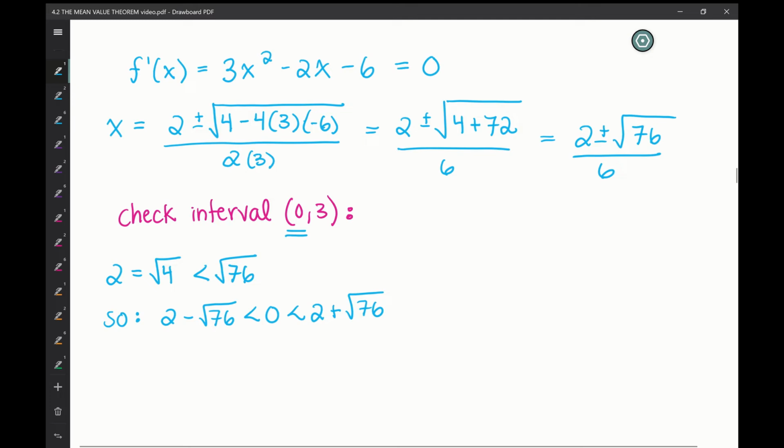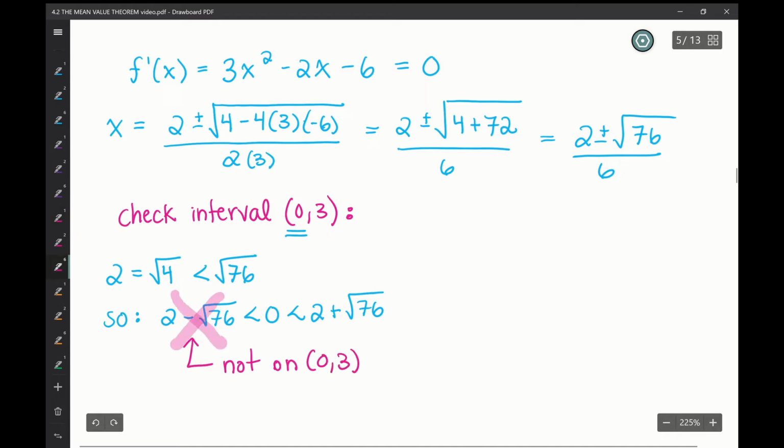This 2 minus the square root of 76 is less than 0, so it's not on our interval. Since we have at least one c that satisfies our condition, that means that this 2 plus the square root of 76 has to be the numerator for our interval.